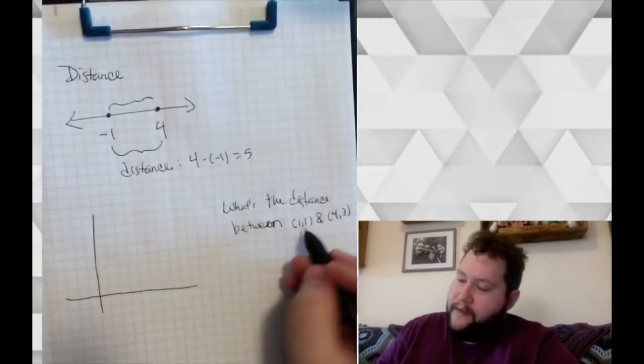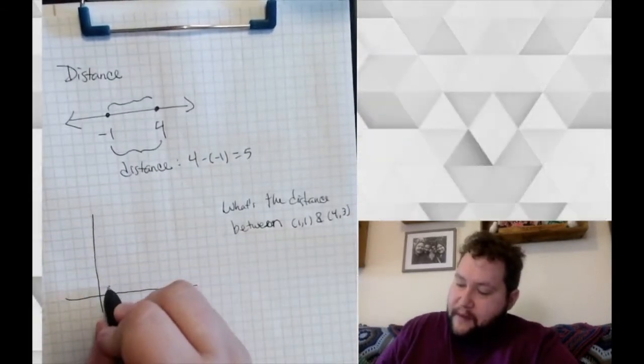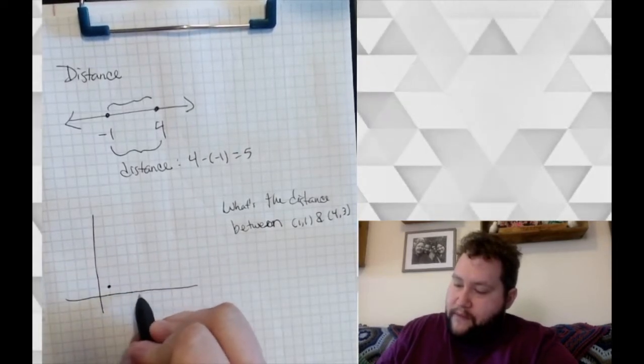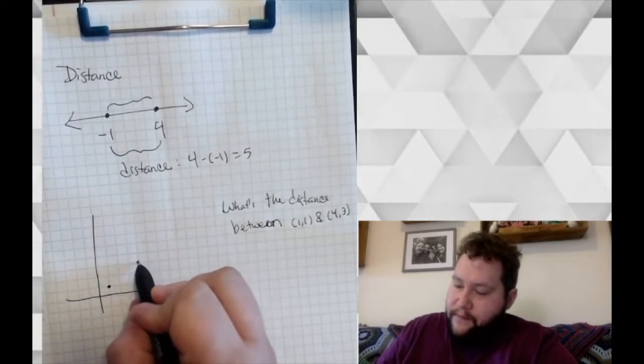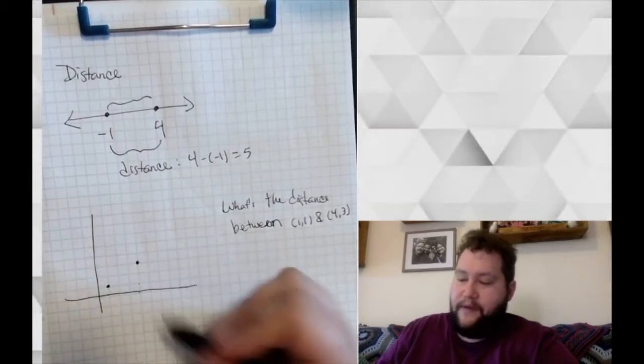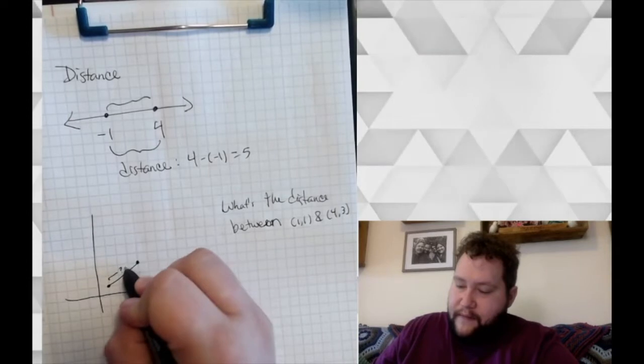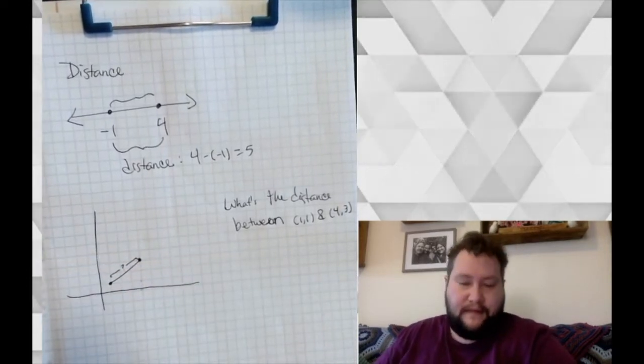Well, first we'll plot it. So we have x and y, and that's my points (1, 1) and (4, 3). And we want to know that distance. What is that distance?